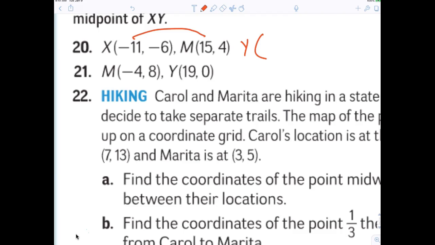So if you move 26, in order to stay in the middle, you have to move another what? 26. Or I'm sorry, 26 plus 15 is what? 41. Comma. Now you went from -6 to 4, so you moved how many? 10. So you need to move another 10, which would put you at what? 14. Very simple.